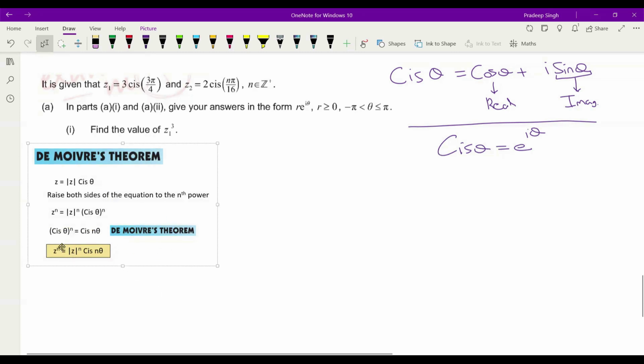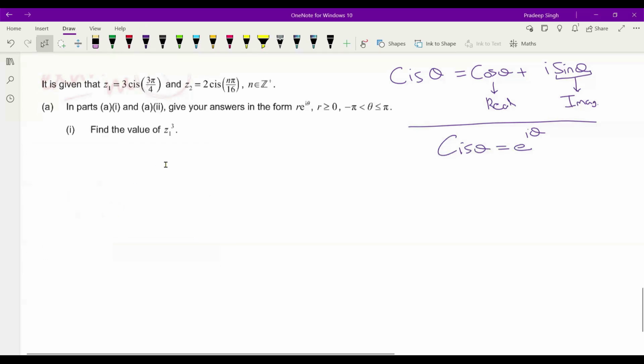So understand, whenever you are raising cis theta to any power, that power gets multiplied with theta. And that's why n and theta are together. So this is multiplication. And that's why eventually you get z to the power of n equals mod z to the power n into cis n theta. So the key here is you need to multiply the power with the argument, right?